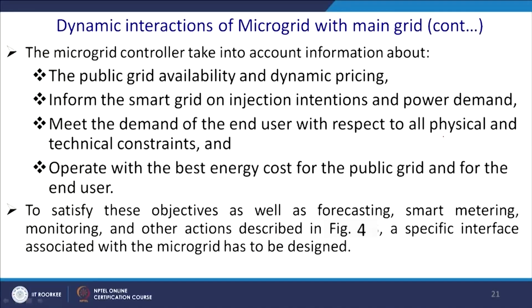The microgrid controller can take into account the information about the public grid availability and the dynamic pricing, inform the smart grid of the injection intentions and the power demand, meet the demand of the end users with respect to all physical and technical constraints, operate with the best energy cost for the public grid and the end user, and thereafter satisfy this objective as well as the forecasting, smart metering, monitoring and the actions prescribed in the figure.